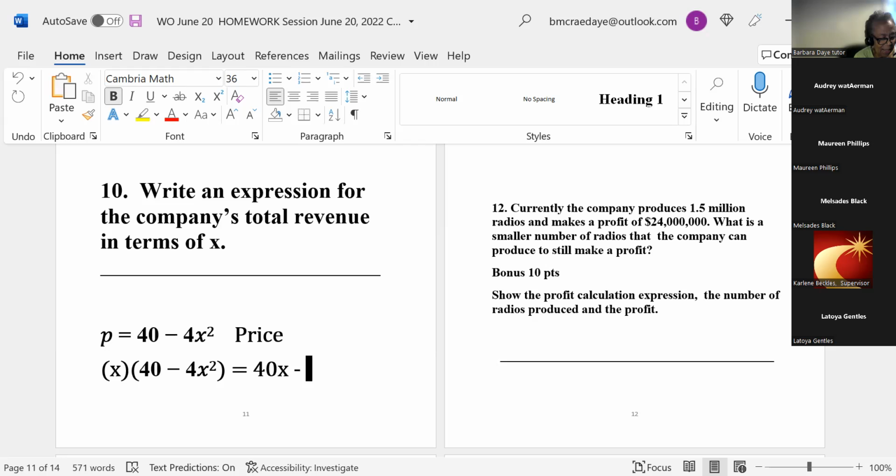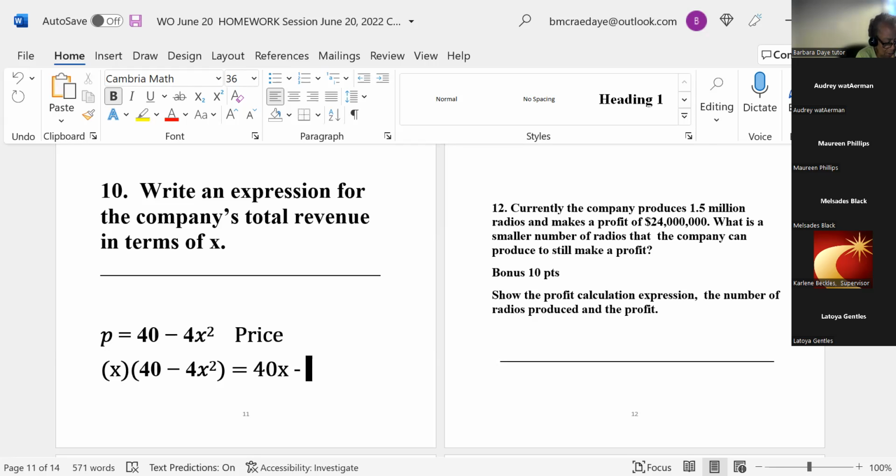You multiply and you add the powers. So what's x times x to the second? Add the powers. A 1 plus a 2 is what? 3. So that's going to be what?